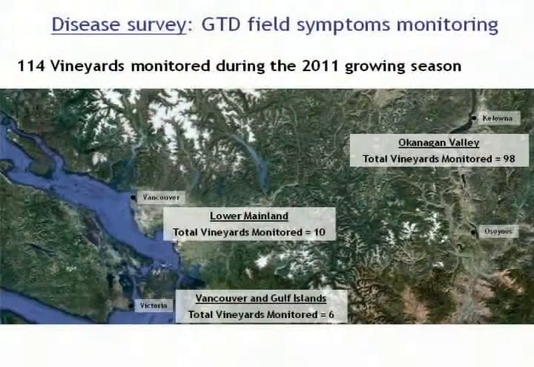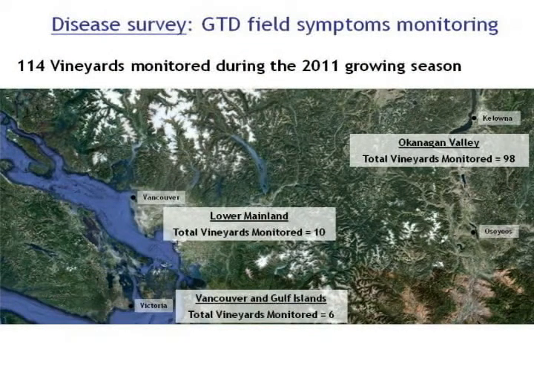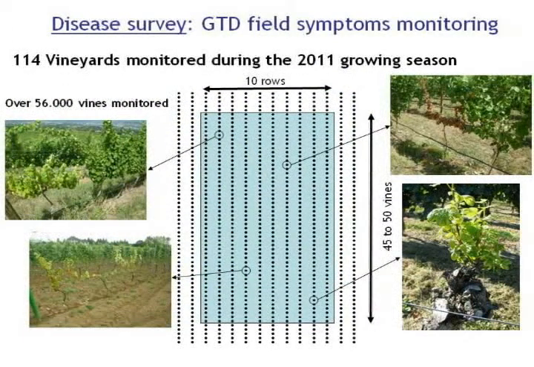Part of the survey also looked at just field symptoms. So what do the vines look like? What were they expressing in the field as far as canker development or foliar symptoms? Jose also surveyed the same areas throughout the Okanagan, Similkameen, Lower Mainland, and Vancouver Island for field symptoms of grapevine trunk diseases. How we did this: we flagged an area of 10 rows by about 50 vines, walked them, identified each vine, and indicated which vines were expressing symptoms.